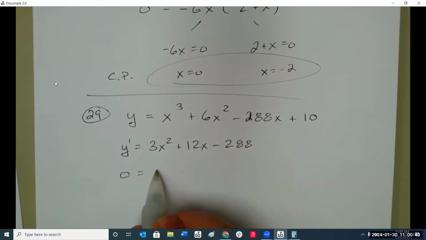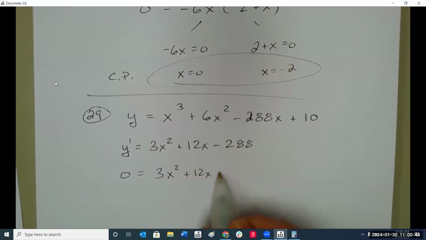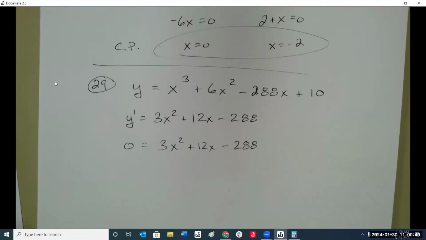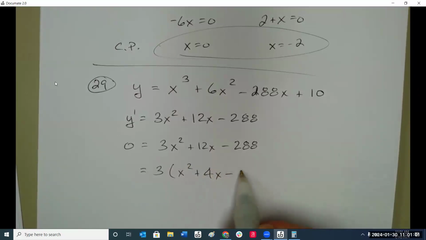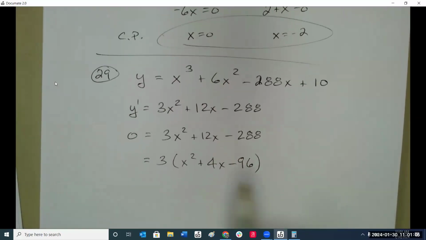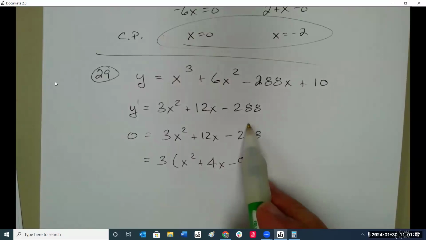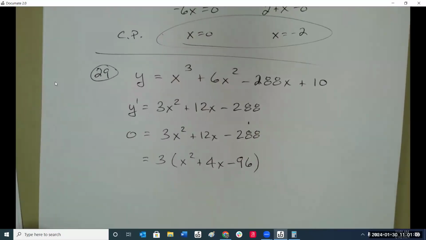Set it equal to 0. Factor out a 3 first, if possible. Three goes into 28 9 times with one left over, so 3 goes into 18 6 times.